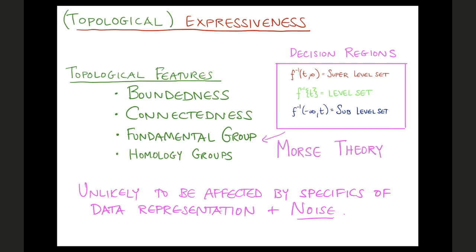And what's great about Morse theory is that a lot of the topological features can be read off by the Morse function, by the critical points of the Morse function. This is kind of the whole reason why we all study Morse theory.